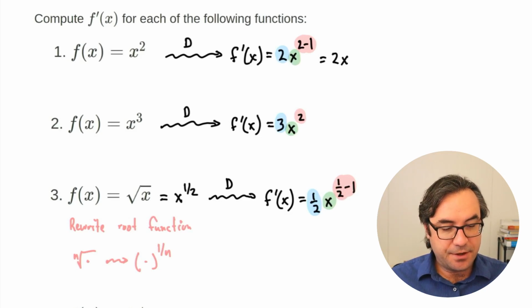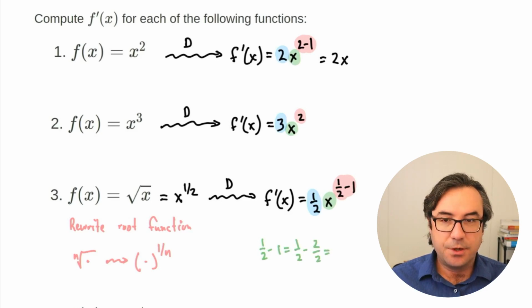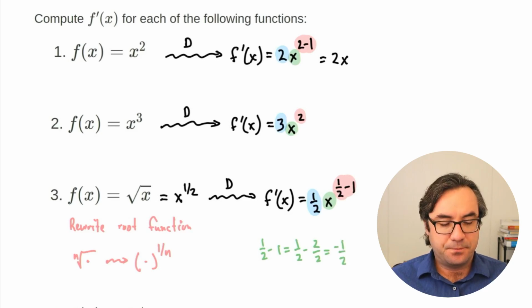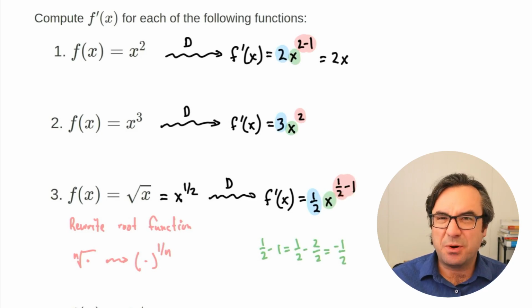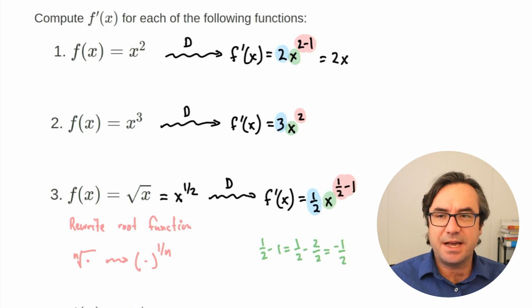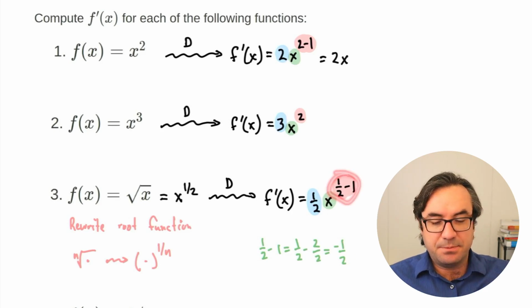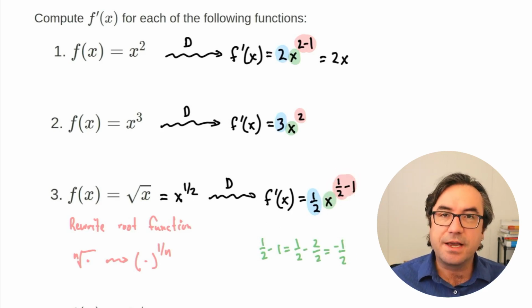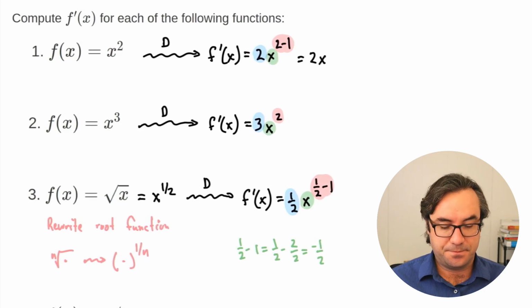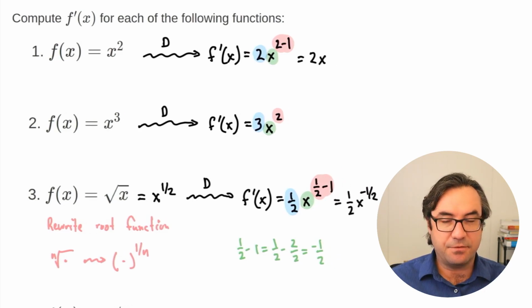So you could think of this as 1/2 minus 1 is equal to 1/2 minus 2 over 2, which is -1/2. So sometimes with these fractional exponents, you might want to do a little bit of thinking off to the side there. So this ends up simplifying to just -1/2. So our derivative here is 1/2 x to the -1/2.